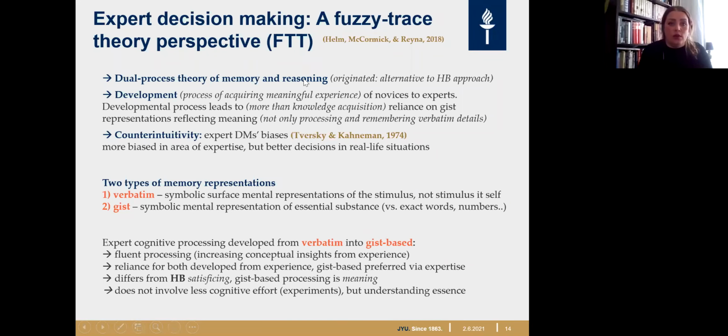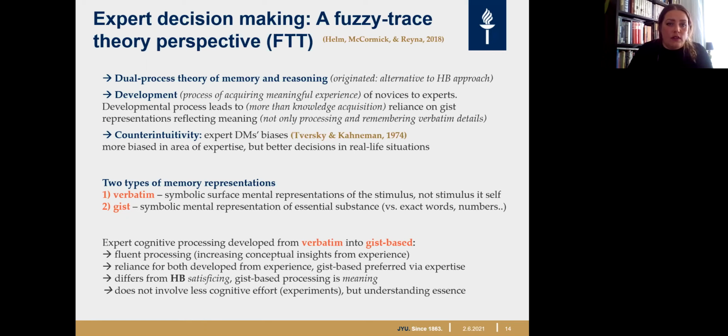So it's a dual process theory of memory and reasoning, and it originated as an alternative to the HB approach. HB is the heuristics and biases approach. It's based on development, and development is seen as a process of acquiring meaningful experience, developing from novices to experts. So it involves learning.